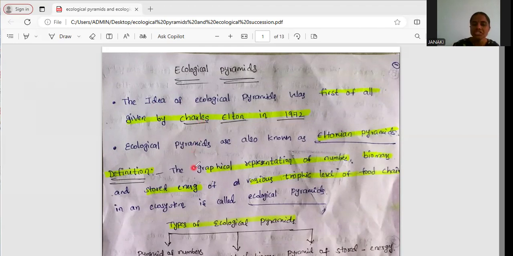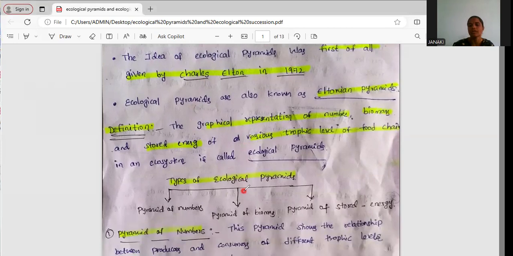Next, the definition of ecological pyramids: the graphical representation of number, biomass and stored energy of various trophic levels of a food chain in an ecosystem is called an ecological pyramid. See these shapes: this is the upright pyramid shape and this is the inverted pyramid shape.